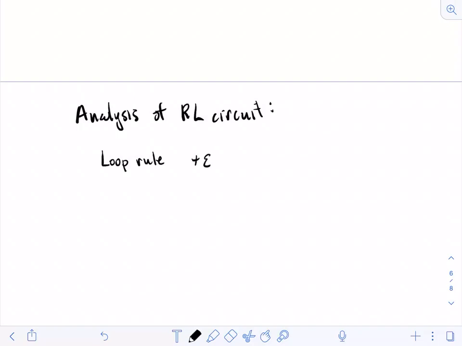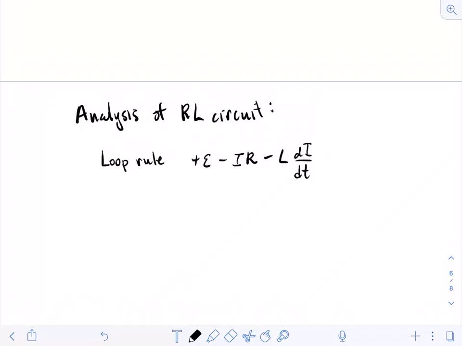Then we cross the resistor in the direction of the current, and so we lose a voltage IR across the resistor. And then we cross the inductor, and if we've just closed the switch, we would expect the current to be increasing, and we just saw that in that case, the voltage difference across the inductor was negative if we go in the direction of the current.